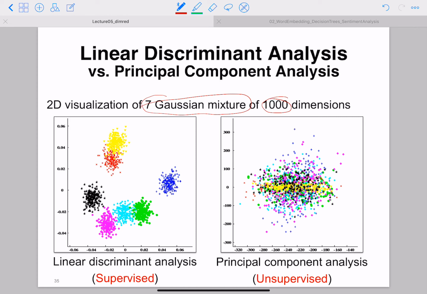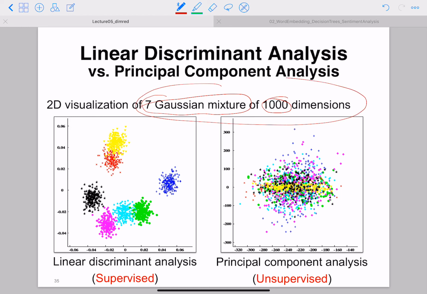I randomly set some 1,000-dimensional vectors as the centroid for each Gaussian component, and then we can set our prior as a uniform distribution, 1/7 for each component, and our covariance matrix as the identity matrix. So we can simply set our generative model in that manner.